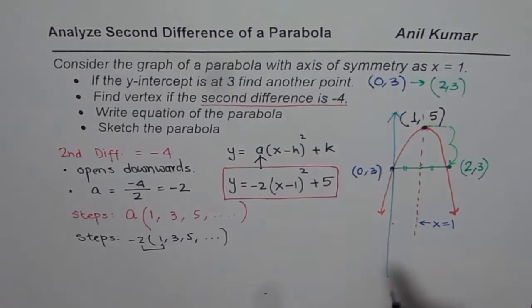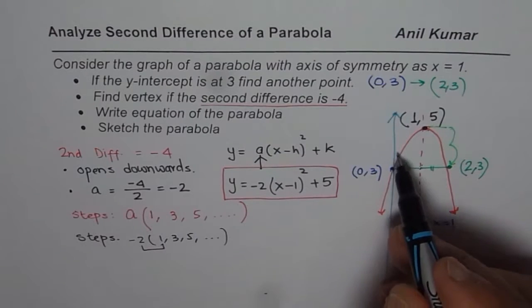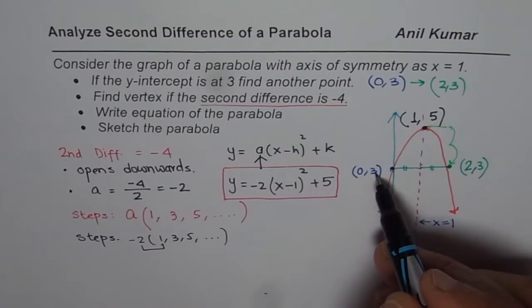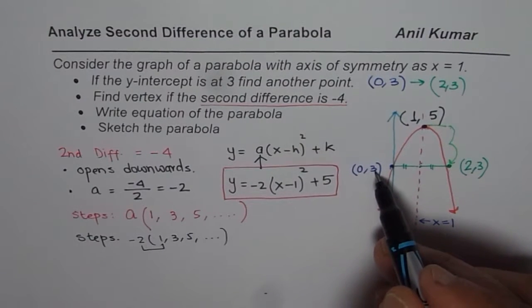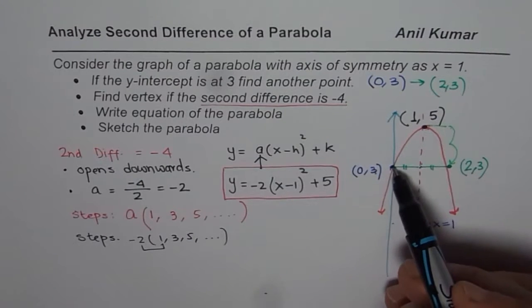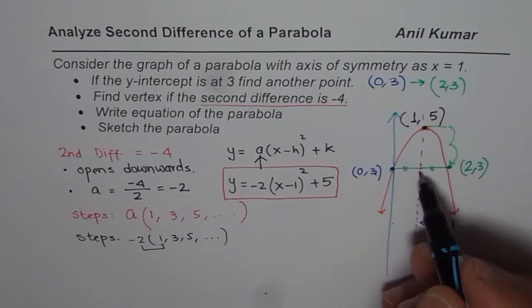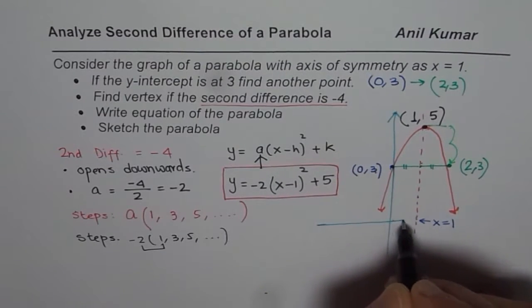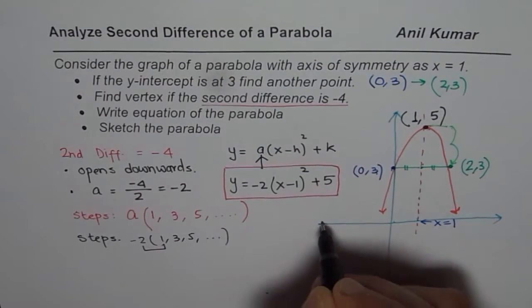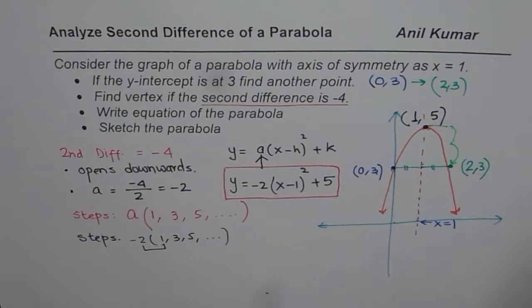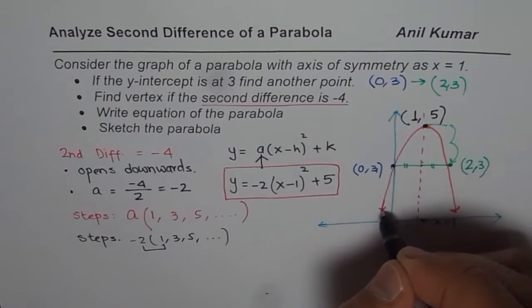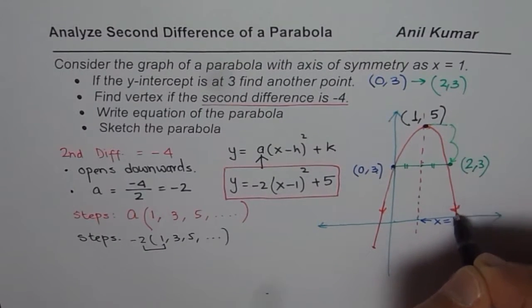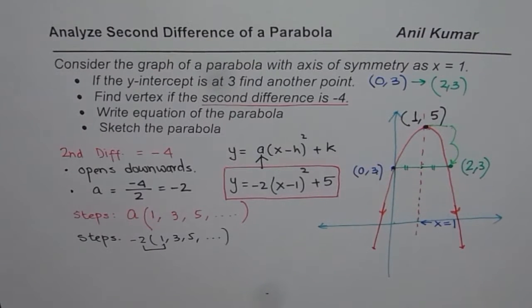Here it is, that is the y-axis giving me the y-intercept. At the x-intercept, the value of y should be 0. So somewhere here could be my x-axis. Let me stretch this a bit more, and that becomes my graph.